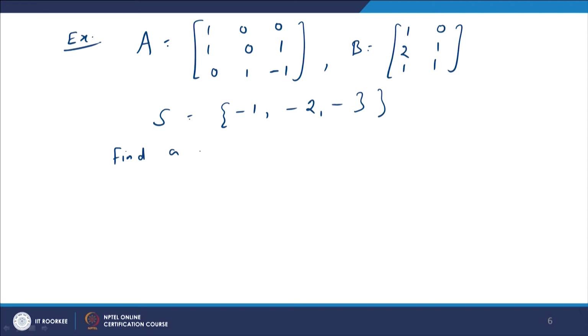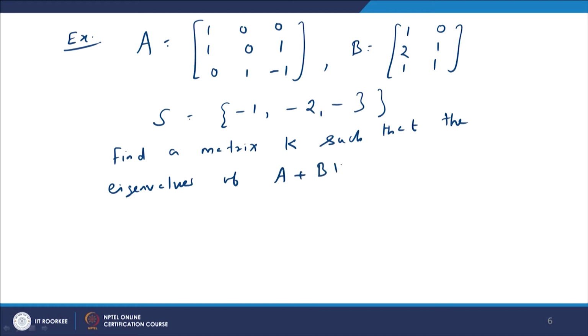So, now we want to find a matrix K such that the eigenvalues of A plus BK are the same, minus 1, minus 2, minus 3. How to find this K was explained in the previous slides.